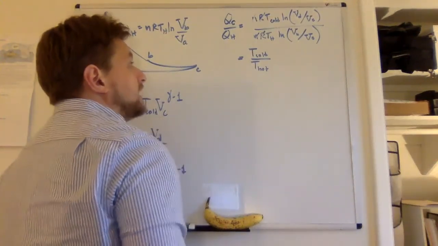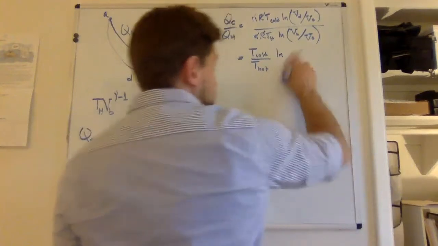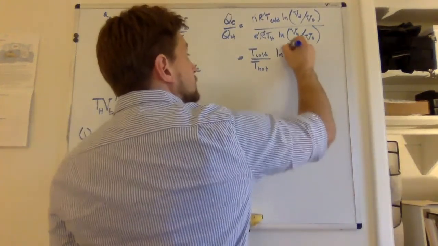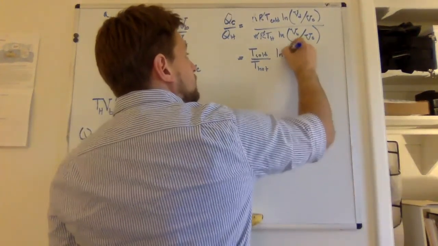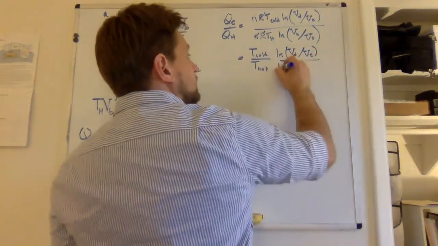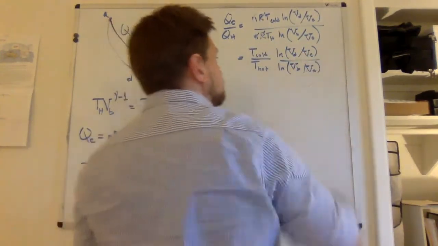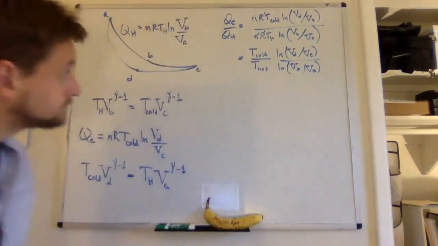Oof. Okay. Natural log of VD over VC over natural log of VB over VA. All right. What happens now?